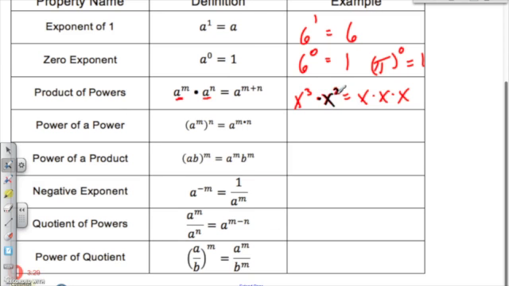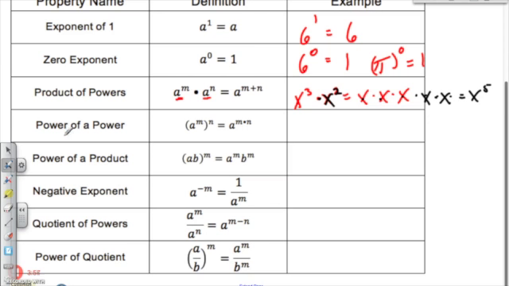If I multiply that by x squared, that means I'm going to have another x and another x, just 2, because I've got x to the 2nd power. Well, what I now have, if I want to combine all these x's, is I have 1, 2, 3, 4, 5 x's, which gives me x to the 5th power, which is why I can just take those two exponents and add them together and jump straight to this part.